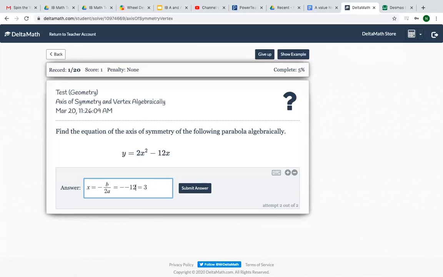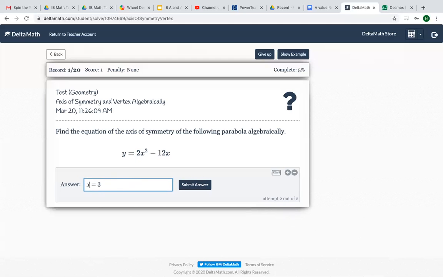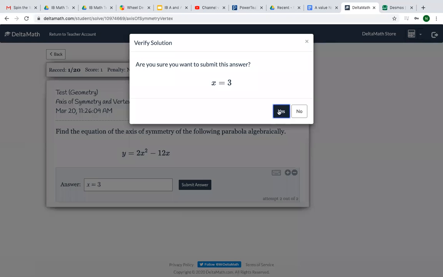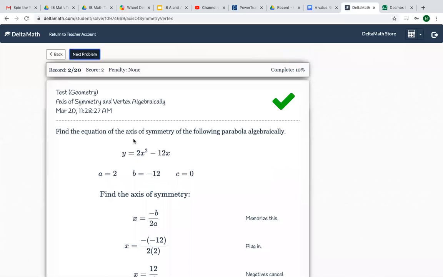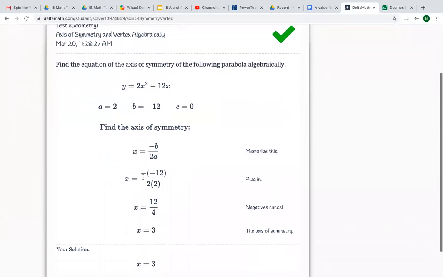So this would be my answer for this question. If they ask you to find the vertex algebraically, meaning by hand, Najee, you would do what I just did to find the x coordinate, and then you would plug it back in to find the y.